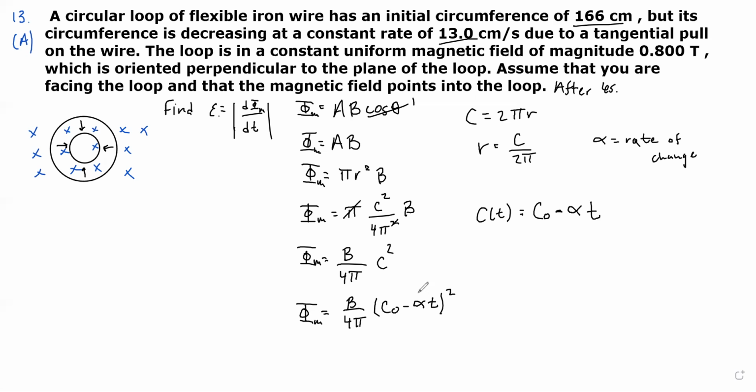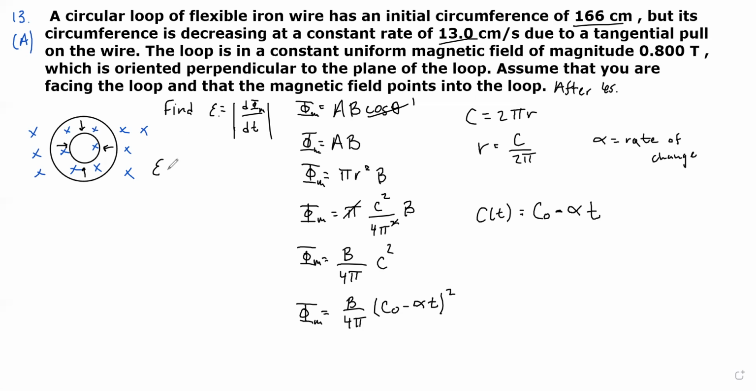That is our entire equation for the flux. Now we have to take this equation that we just got for flux and plug it back into our EMF equation, because we've solved for flux now. We know flux is equal to the magnetic field divided by 4 pi times the original circumference minus the rate of change times time, squared.